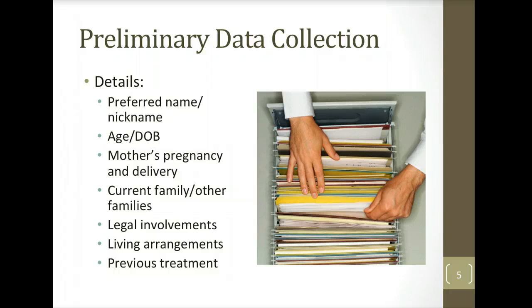The current family structure, including any other families that the client has been with. For example, a child in foster care may have had experiences in other family structures that could still be impacting his or her adjustment. Any legal involvements, examples include reports of abuse, parental divorce, or juvenile charges, current living arrangements, and information about previous treatment episodes.